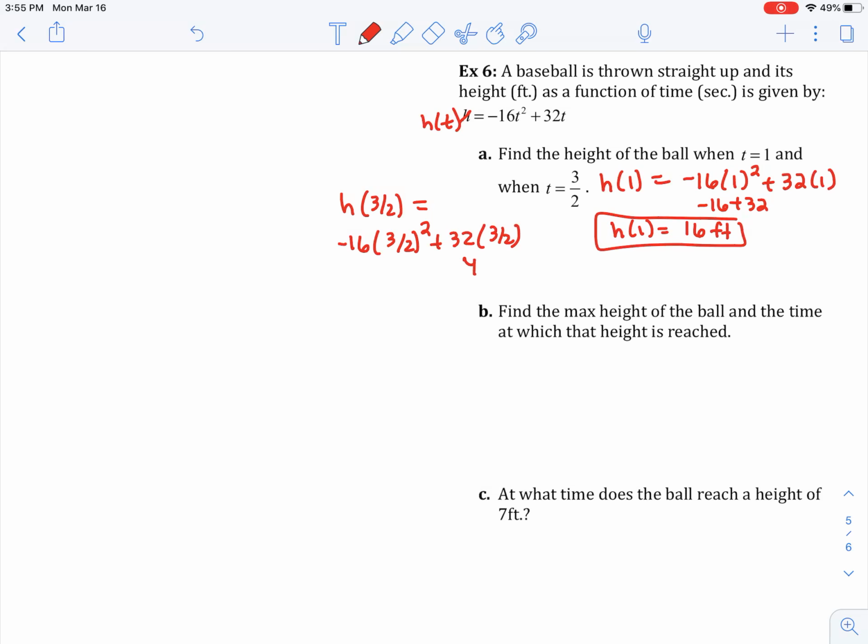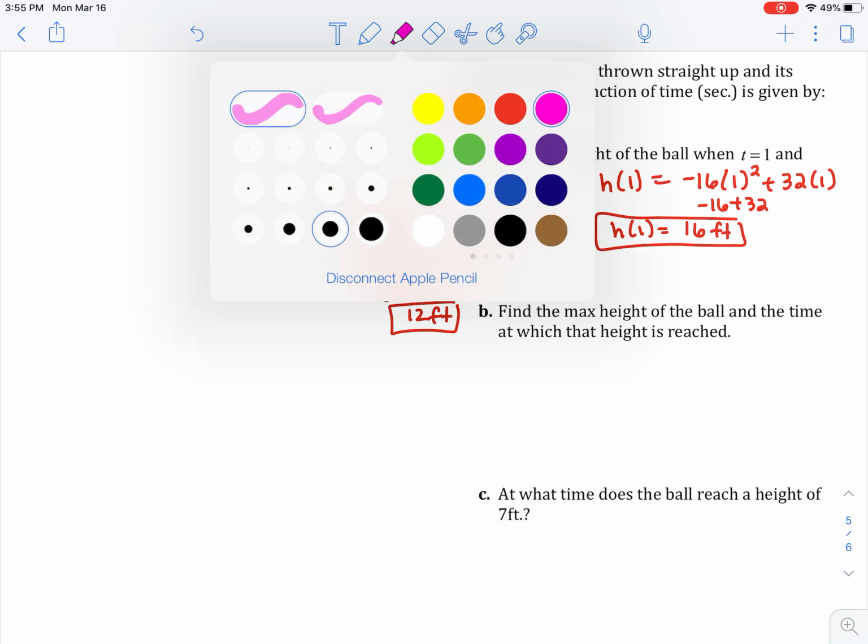Well, 32 times 3/2 is what? 2 goes into 32, 16. 16 times 3 is 48. (3/2)² is 9/4. And times -16 is -36. And -36 + 48 is equal to 12. So we get 12 feet after 1.5 seconds.